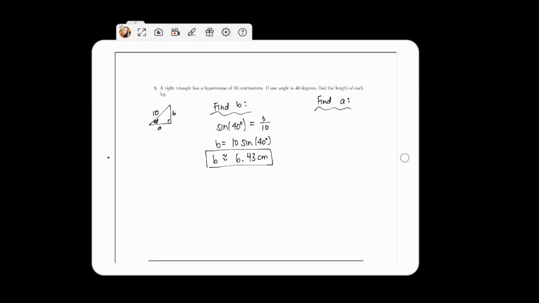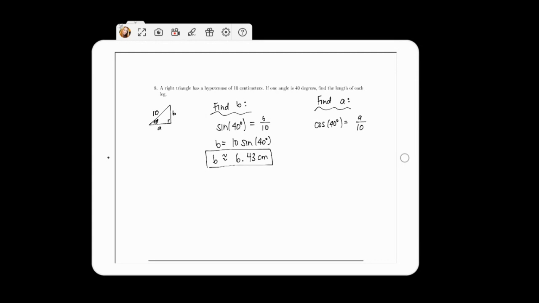So in the case of A, I have the triangle and A is the adjacent side to 40 degrees in the way I drew it. So I'm thinking about which of the trig functions uses the adjacent side and the hypotenuse. I'm going to use cosine. So the cosine of 40 is equal to A over 10.